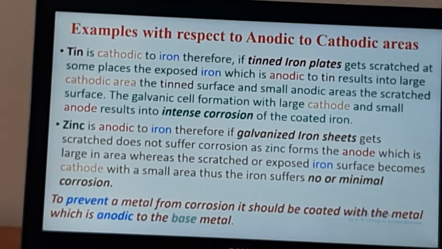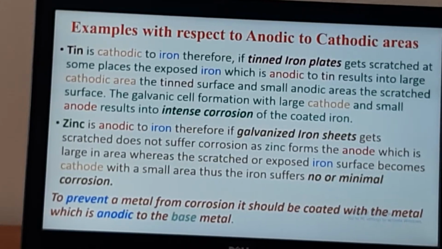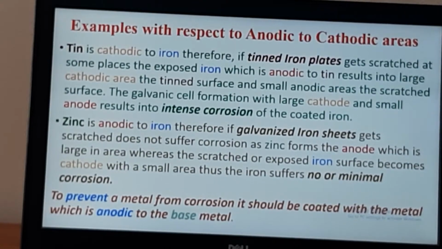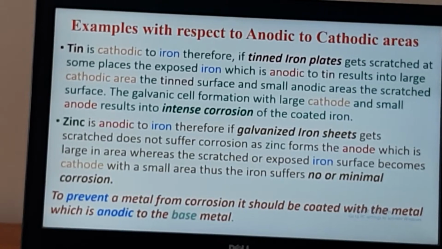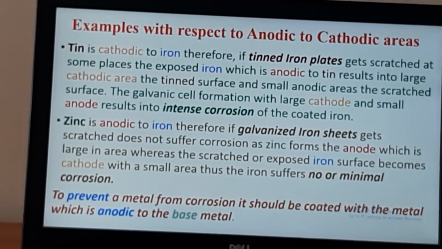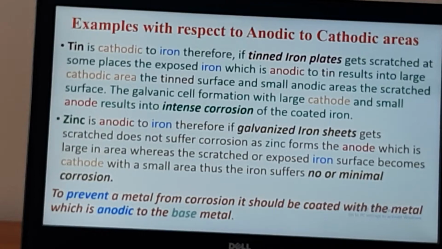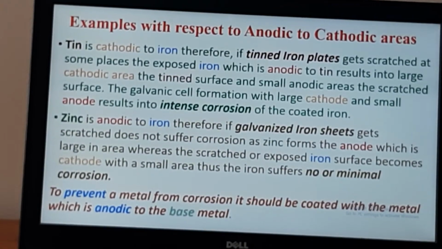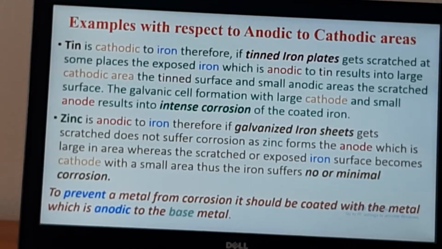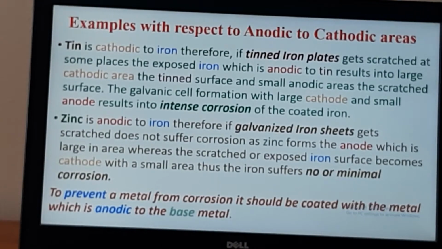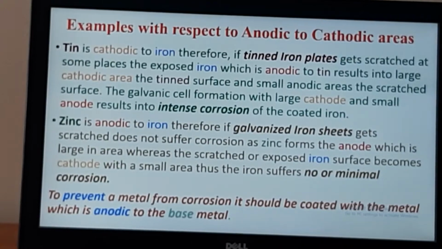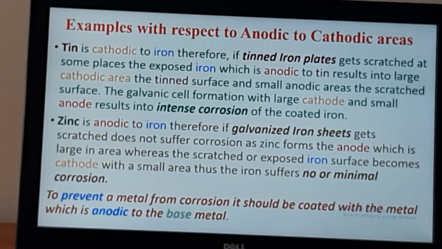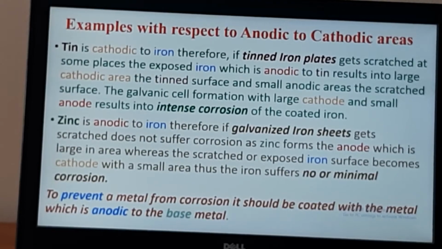So the large anodic surface diminishes the rate of corrosion, because the cathode, which is the exposed iron surface, demands very few electrons from the large anode. So if we want to prevent a metal from corrosion, the base metal should be coated with a metal anodic to it.